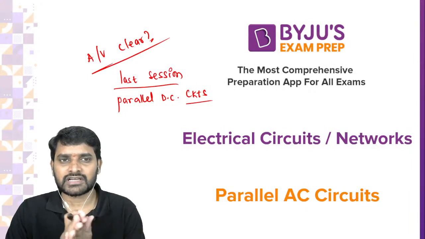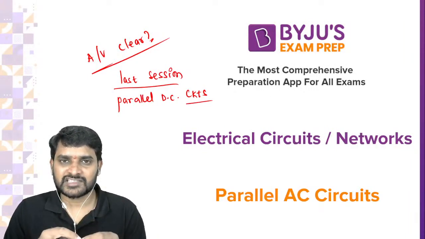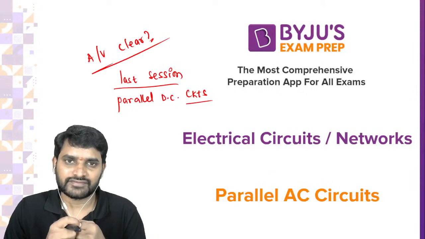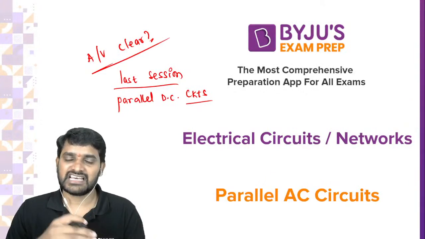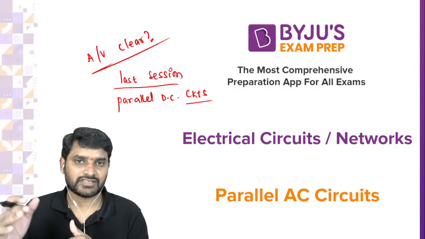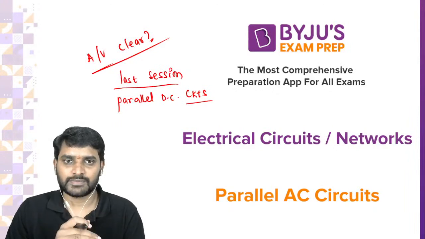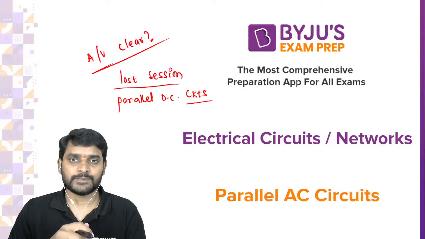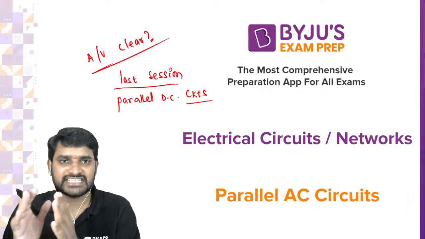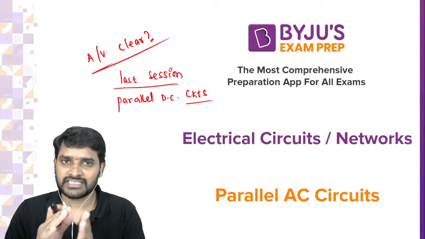We got some conclusions: the least resistance path is going to capture a large amount of the supply current, and the highest resistance path is going to capture a small amount of the power and the current also. And the voltage across each and every branch in a parallel connection will be the same.